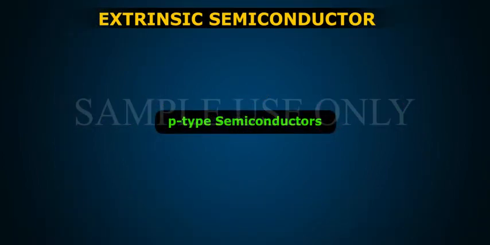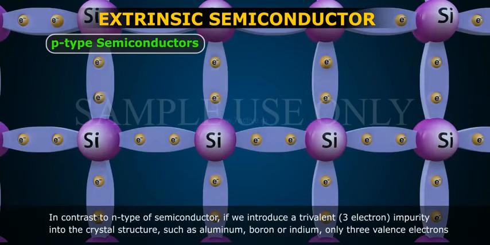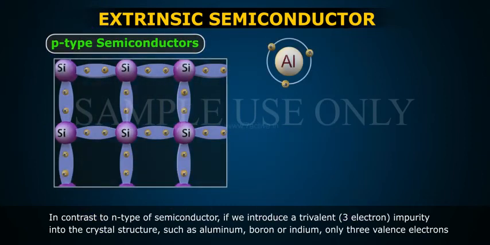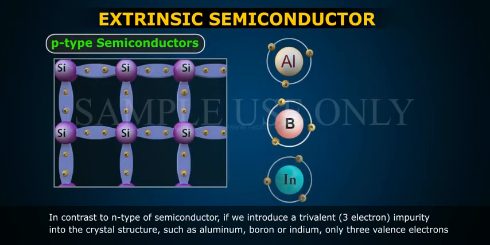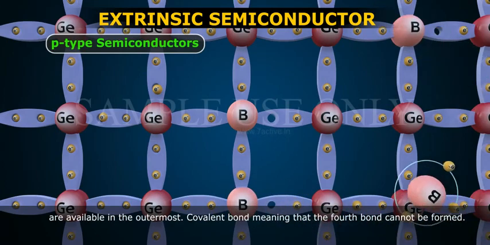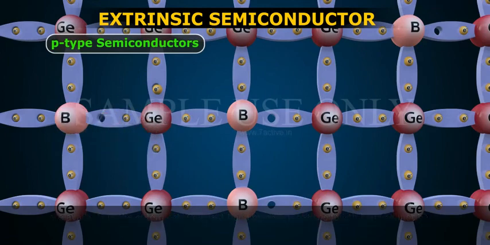P-type semiconductors. In contrast to the N-type semiconductor, if we introduce a trivalent, 3-electron impurity into the crystal structure, such as aluminium, boron, or indium, only 3 valence electrons are available in the outermost covalent bond, meaning that the 4th bond cannot be formed.